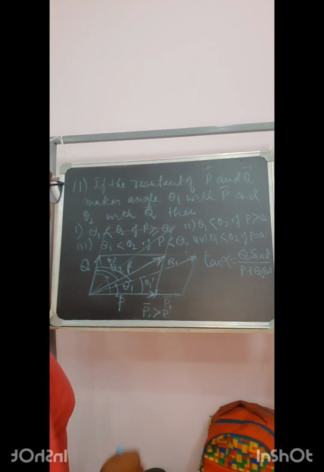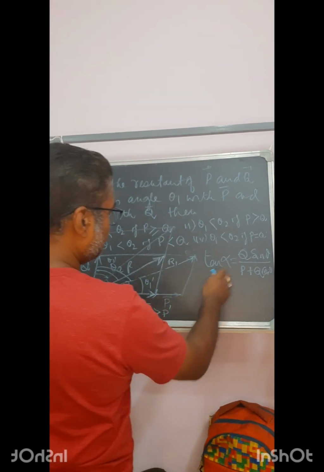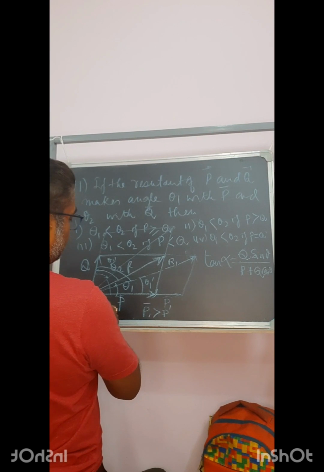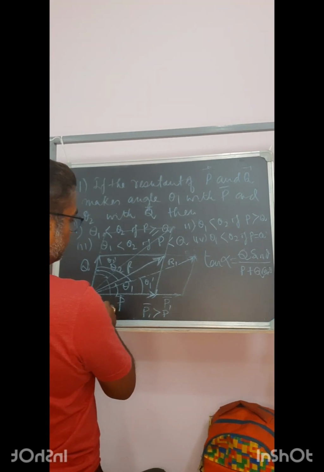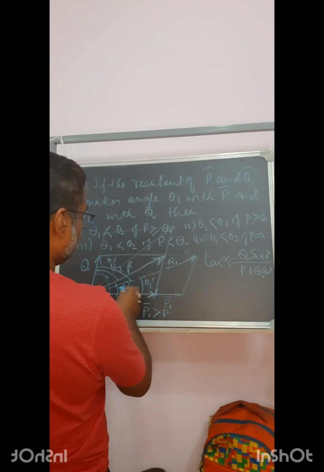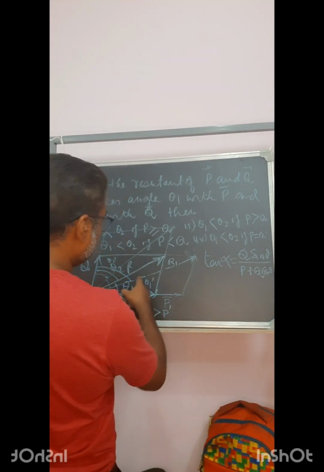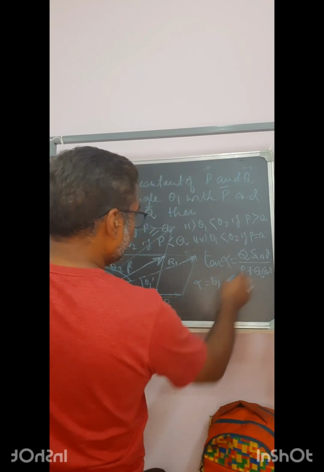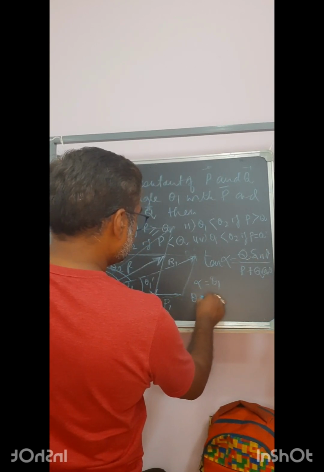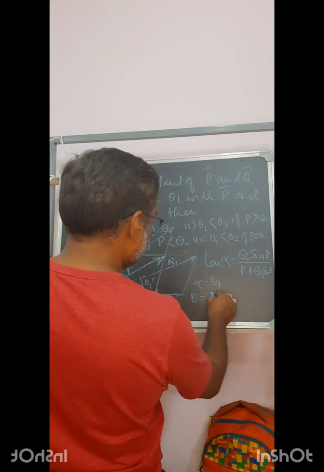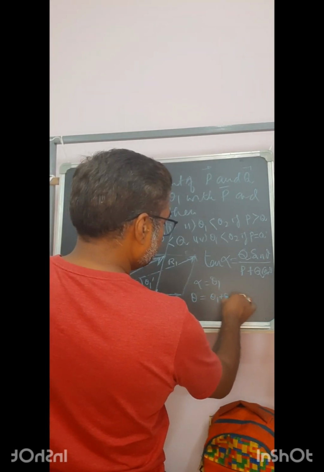Okay, now here what is theta 1? Theta 1 is the angle made with the horizontal vector P, and alpha is that angle. So alpha is equivalent to theta 1, and theta, the angle between the vectors, is theta 1 plus theta 2.